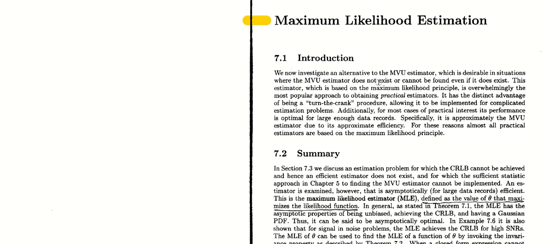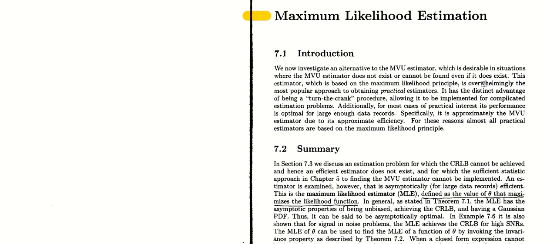If you get a complicated signal model or complicated parameter, then it may not exist. Therefore, we have doubts about how we can do it, right? Then one way is to base it on the maximum likelihood principle. And also be aware that in practice, this is the most popular approach.